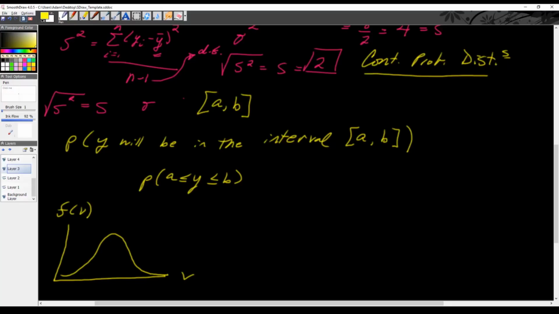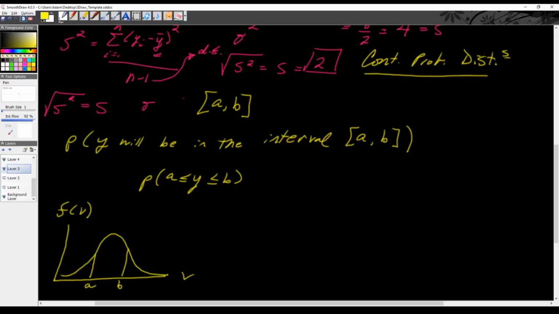We can say that the curve f of v, this curve, is the continuous probability distribution of y, and the probability that y will be in the interval A to B is the area under the curve f of v corresponding to the interval A to B. Let's say that A is some value of the independent variable and B is another value.